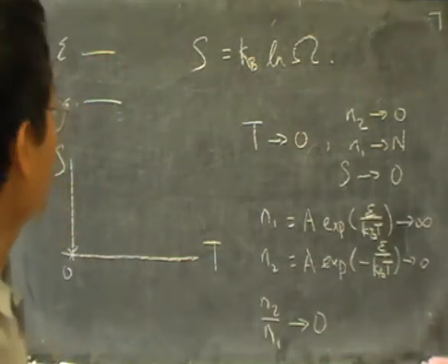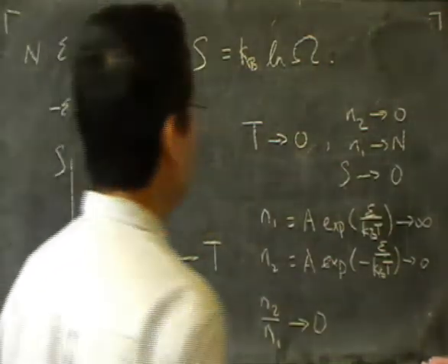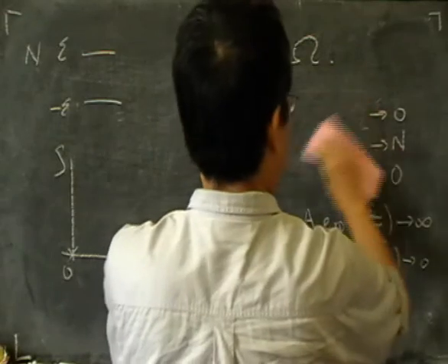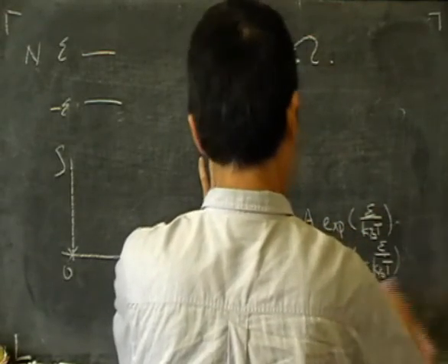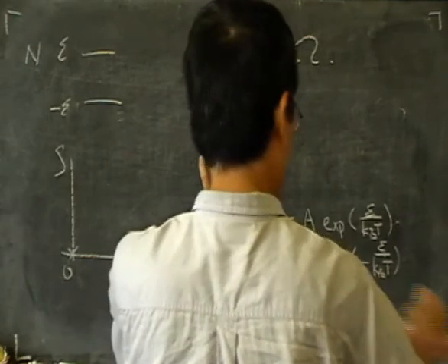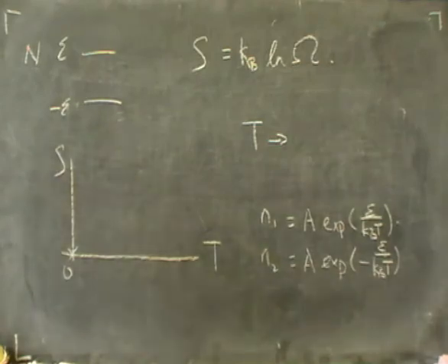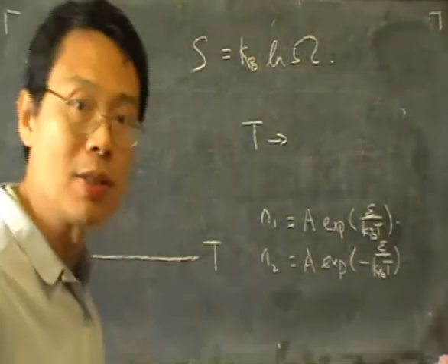Now let's find the next point when t becomes very large, when it goes to infinity. When t becomes very large, what happens to the particles?